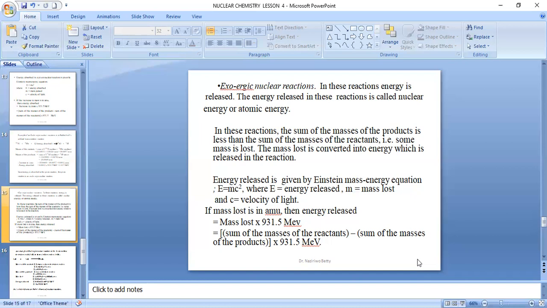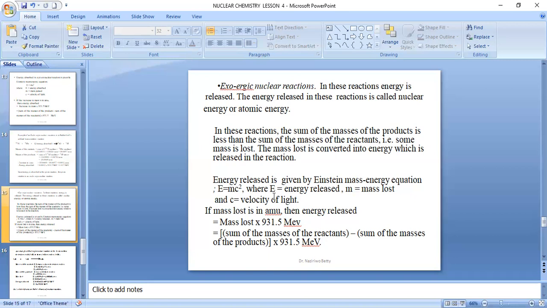The energy released is given by the mass-energy equation, which is E equals mc squared, where E is the energy released, m is the mass lost, and c is the velocity of light.